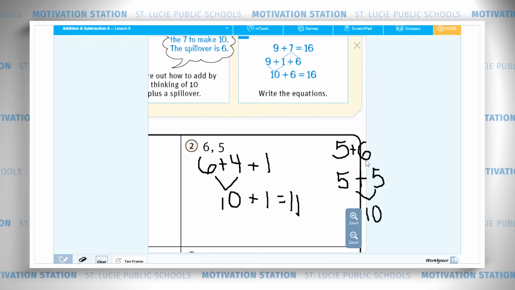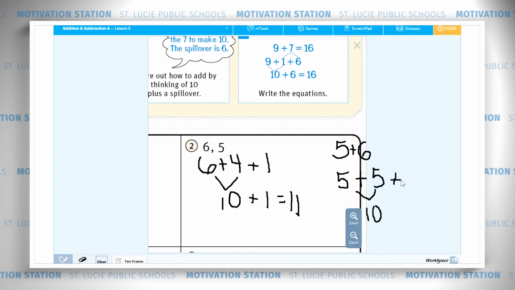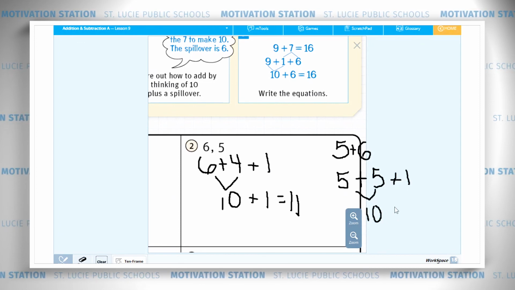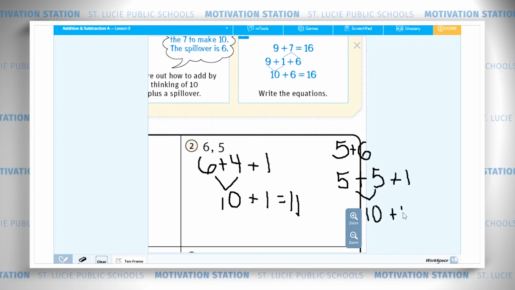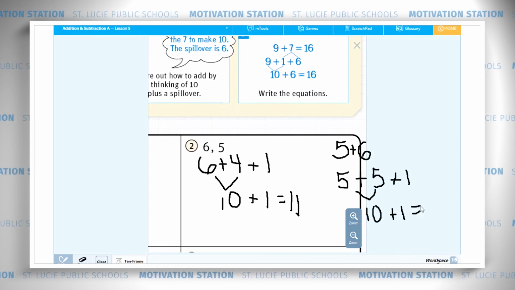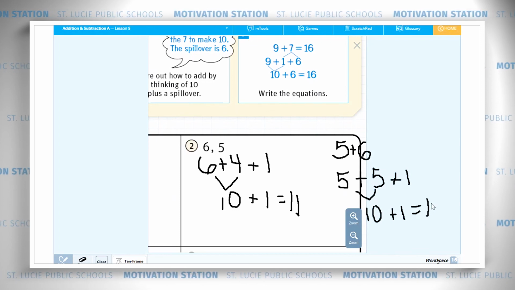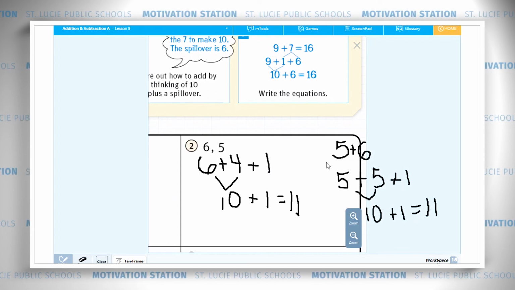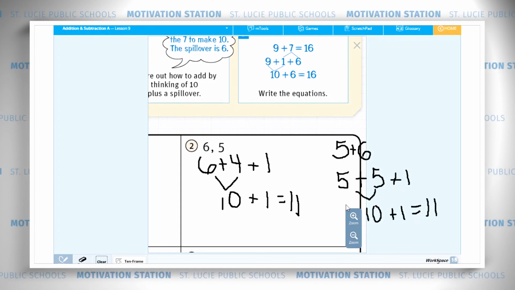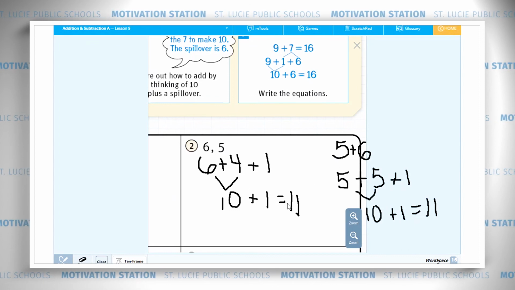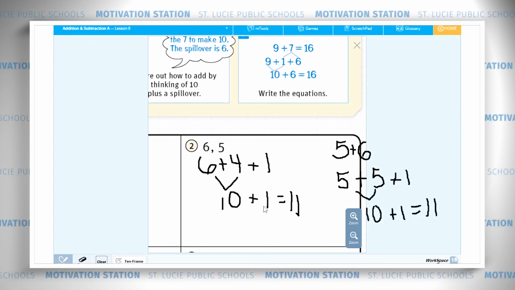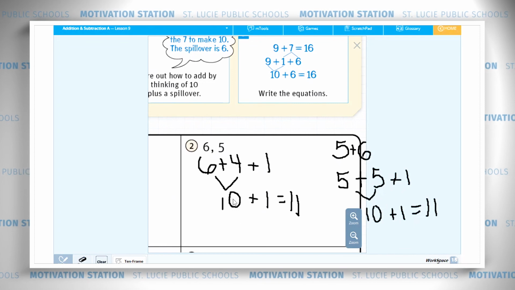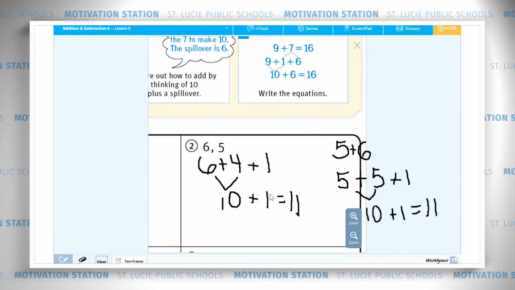And if I pulled 5 from this 6, there is 1 left over, or 1 in my spillover. So our new problem is 10 plus 1, which equals 11. So the order of our add-ins does not matter. It's all about our math and thinking mentally how we used our 10 frame, how we found our spillover amount, and made a 10 to help us add.